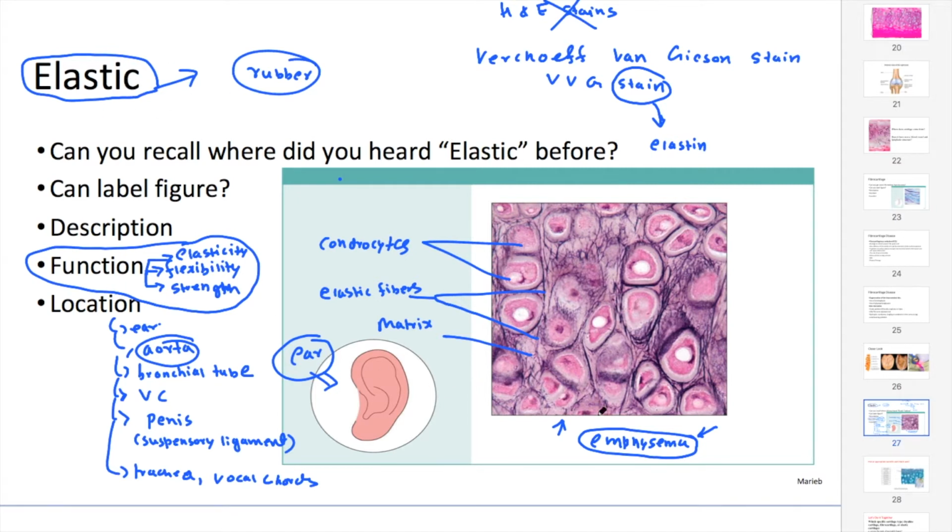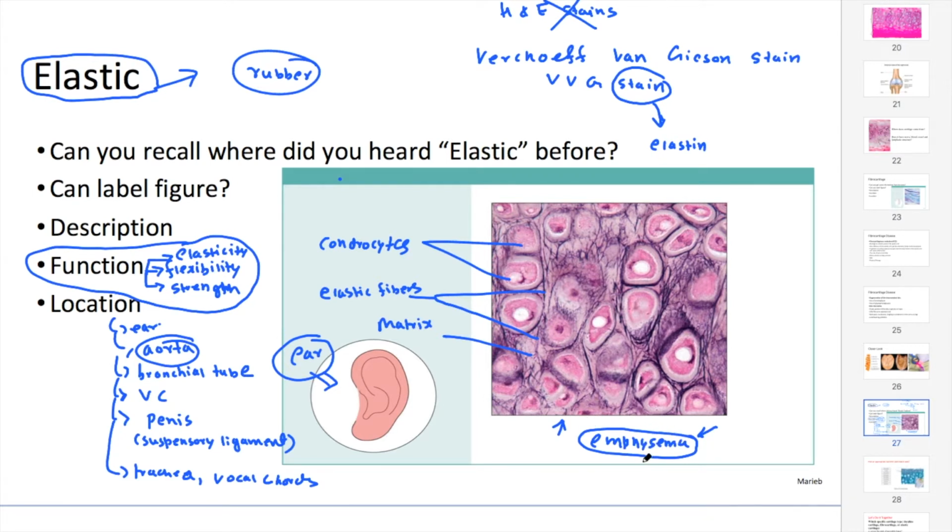So when you stain those tissues with VVG, those elastic fibers present in the bronchial tubes or whatever you want to say, we see that if the number of elastic fibers is very low, then that might be emphysema.